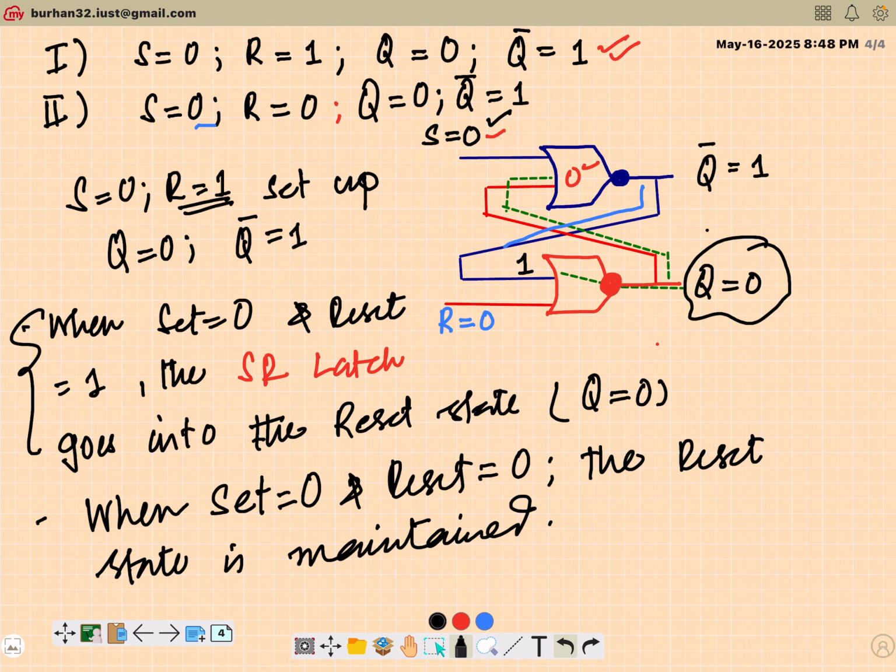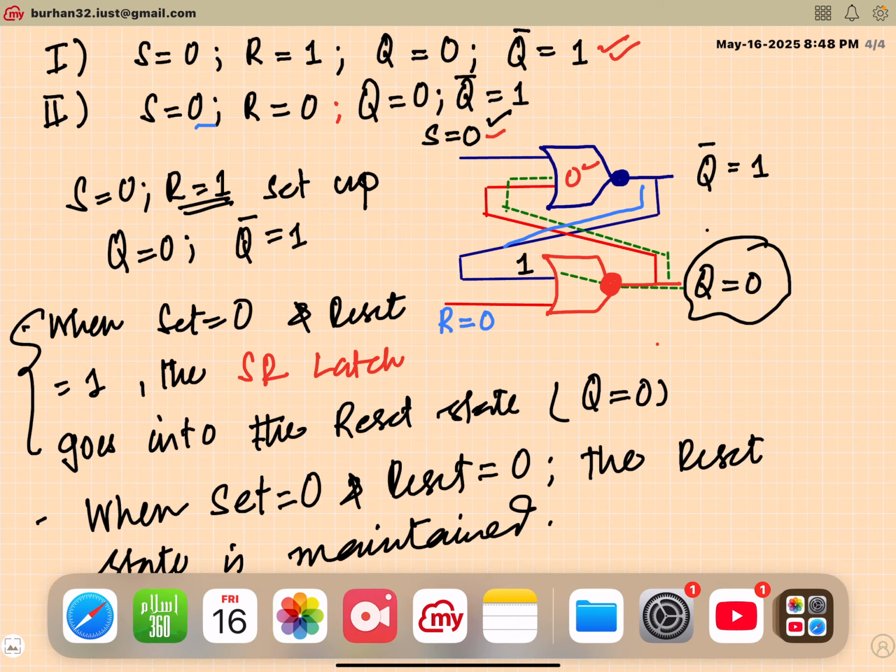Fine. So this is important: how you set up a particular state and how you maintain a particular state. Fine. So this is the same circuit. Q is equal to 0. So I'm able to store 0. I'll end this video here. Next video, we'll proceed further.